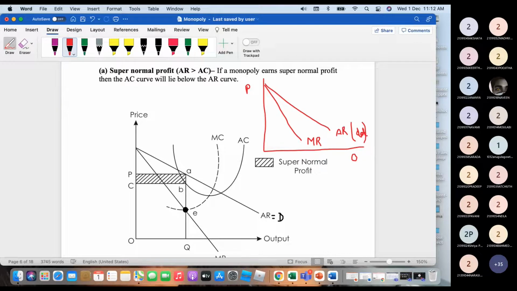Now the second thing you have to draw, students, is your MC curve, because the first step for finding out the supernormal profit is to find out the equilibrium of the firm. So as I told you, I will draw the MC curve.